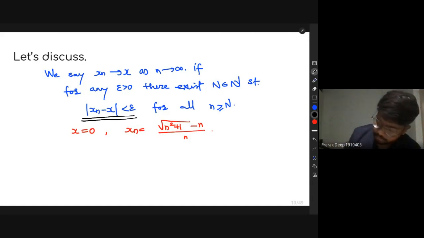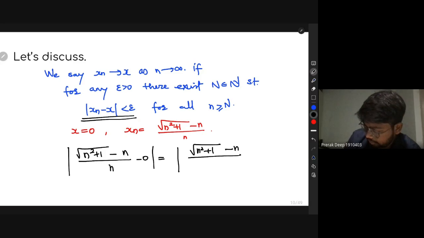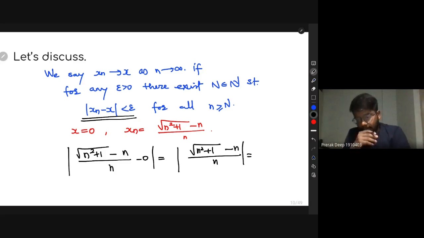If you do that, you will get the square root of n squared plus 1, minus n, minus 0. This whole thing is nothing but equal to this thing. Now in this expression you can always take n out.